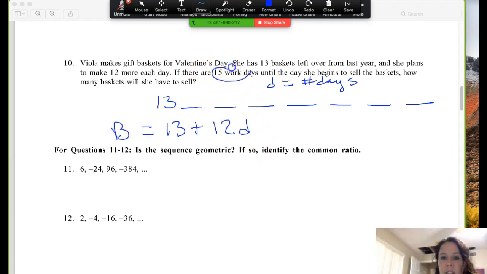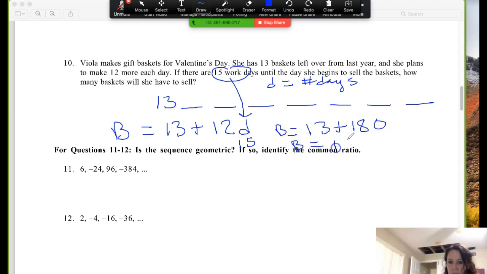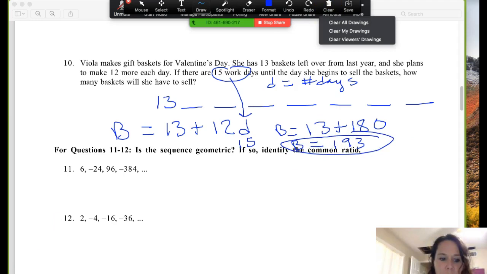Now she has 15 work days, so you just plug in 15 for your D, your number. 15 times 12, let's go ahead and do that. That's 180. So I'm going to go 13 plus 180, and that will be my number of baskets. And add that together, my number of baskets will be 180 plus 13, which is 193. And that's it. Pretty simple. Okay, on to the next.